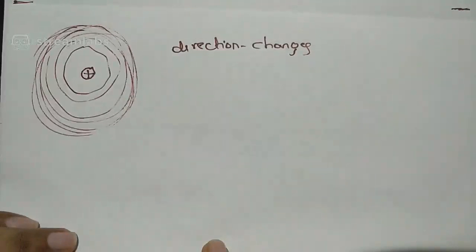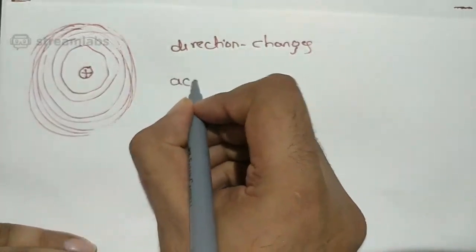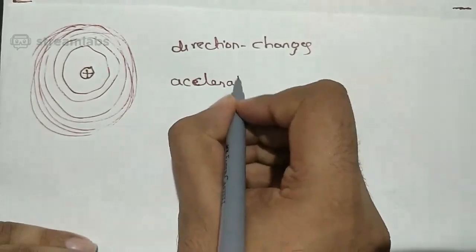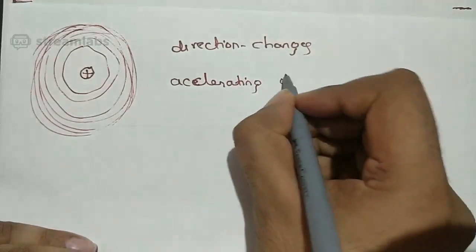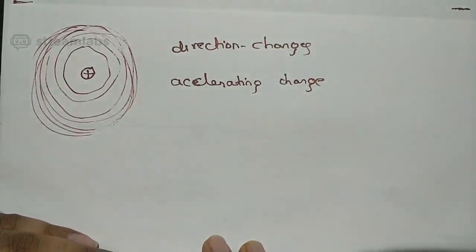So, much prior to Rutherford, Maxwell showed that an accelerating charge should emit energy in the form of electromagnetic waves or in the form of photons.